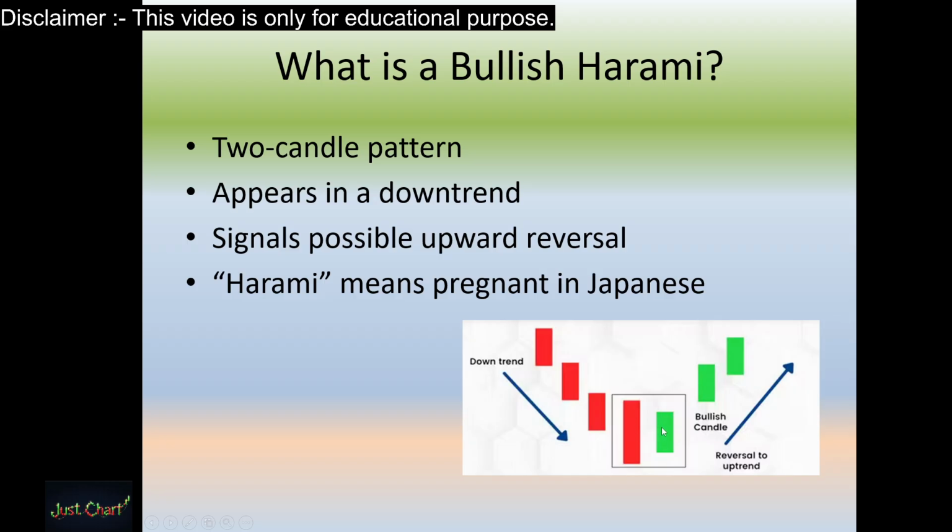This particular bullish candle is inside the body of the downward bearish candle, and after this candle the upward movement starts. So it's a two candle pattern that appears in a downtrend, signaling a possible uptrend reversal.